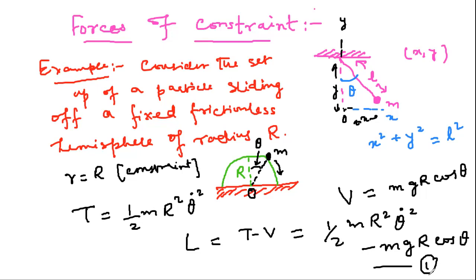Then it is squashed up because those interatomic forces will recoil. They will not allow this mass to sink to any extent. So it will be squashed up. That is the normal force. That is the force of constraint.